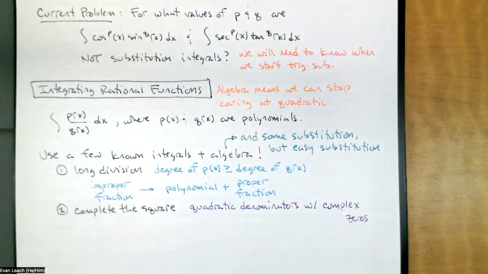Completing the square is what we use when we have quadratic denominators with complex zeros. This is also going to make us better at solving quadratic equations. Not that solving quadratic equations is something so critical that we need to be really good at, but at least when we get good at completing the square, we can dispense with the stupid quadratic formula.